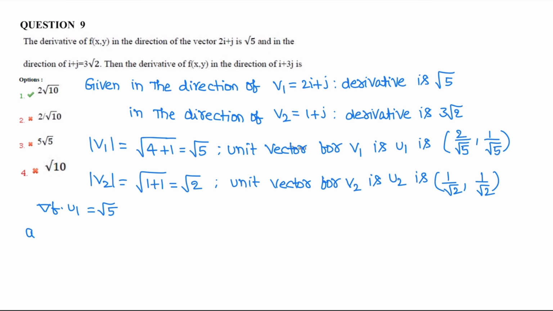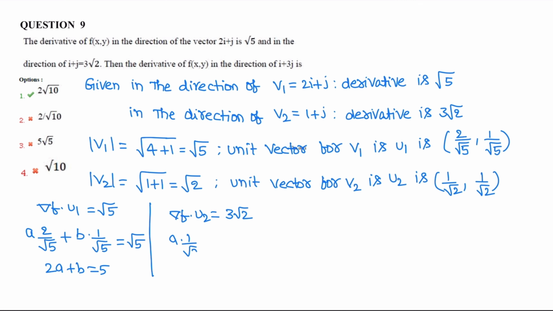Delta f is a, b: a into 2 by root 5 plus b into 1 by root 5, its value is root 5. Here 2a plus b is equal to 5. Similarly, delta f into unit vector u2, its value is 3 root 2, the directional derivative: a into 1 by root 2 plus b into 1 by root 2 is 3 root 2, so a plus b is equal to 6.